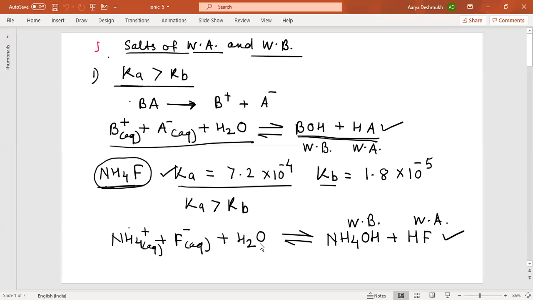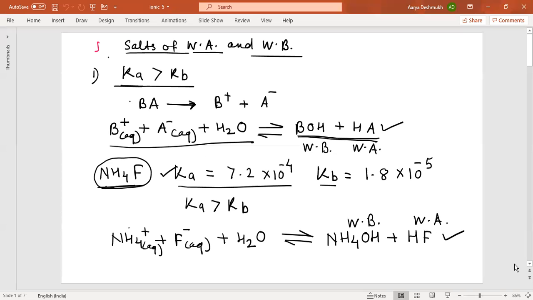When these ions undergo hydrolysis, it will give you ammonium hydroxide plus HF. This reaction suggests that this is the salt of weak base and weak acid. As I told, here Ka is greater than Kb.